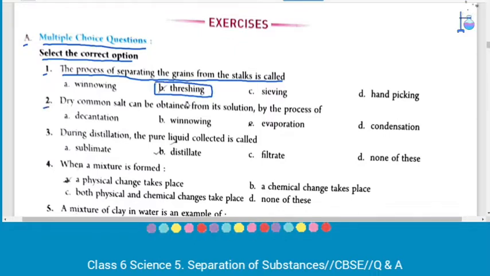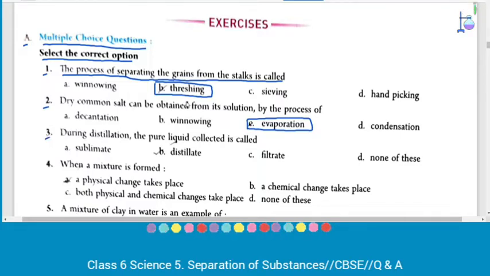Second question, dry common salt can be obtained from its solution by the process of decantation, winnowing, evaporation, condensation. Answer is evaporation. The dry common salt can be obtained from its solution by the process of evaporation.